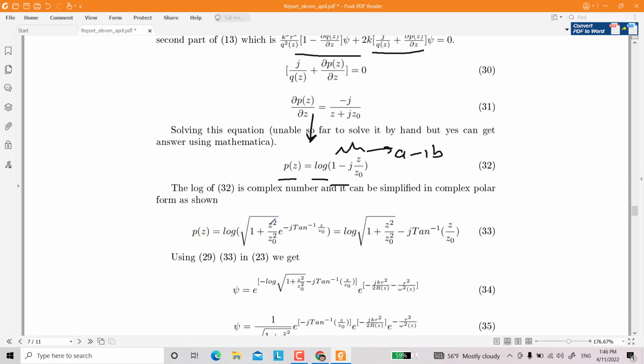The complex polar form says you have to take the magnitude, or absolute value, of this number, which is this thing, and take the exponential with phase. In the phase you have to find the direction, which is theta equals tan inverse of Z over Z naught. Here it is not theta, you can call it something like eta, let's say. So this is the thing.